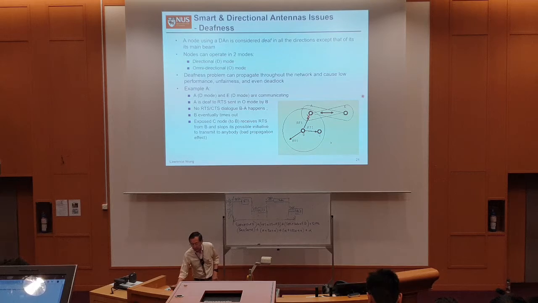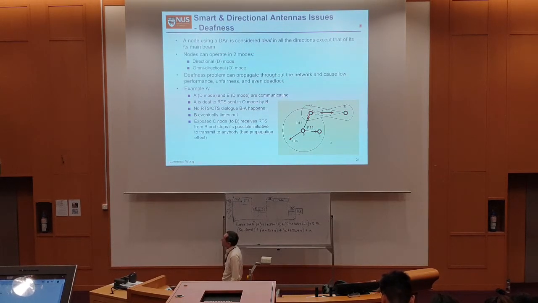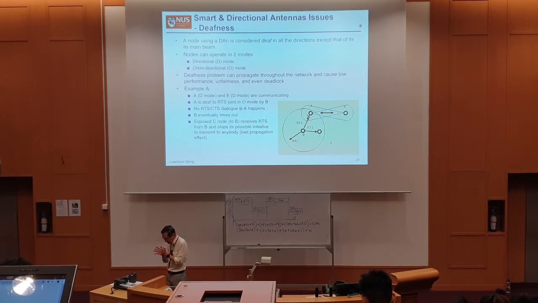Okay, let's talk about using directional antennas. There are several slides here to talk about some of the issues. There's an issue called deafness. Now the nodes can operate in two modes: either in the directional mode, in which they have a beam that is steered in a certain direction, or in the omnidirectional mode.